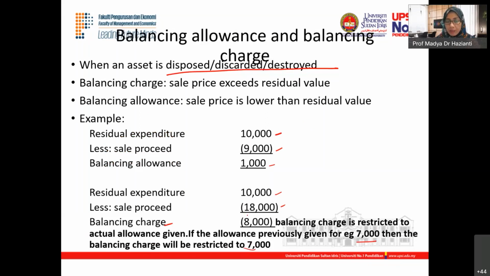Walaupun dalam calculation kita balancing charge kita is 8,000, tapi previously you have claimed 7,000 for the capital allowance. Walaupun dekat sini your balancing charge is 8,000, tak boleh. Maksimum yang boleh claim hanyalah restricted to actual allowance given. Boleh faham? Ni kan, simple dia ni kan.